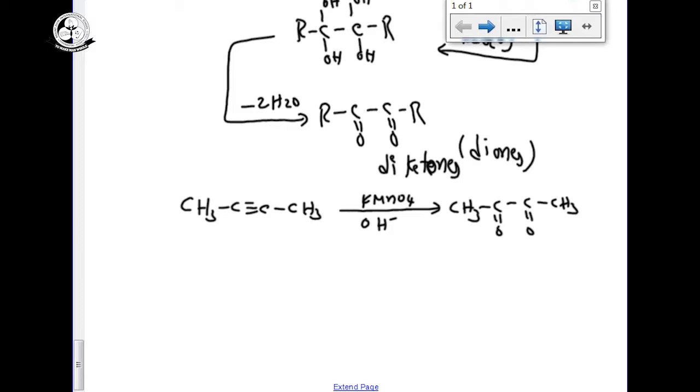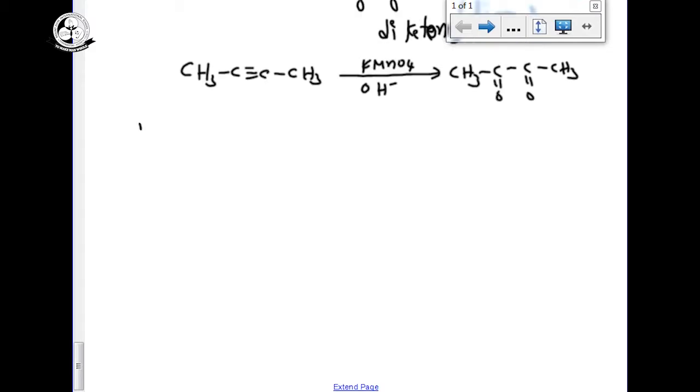Next one is the ozonolysis reaction, the fourth one, meaning reaction with ozone.